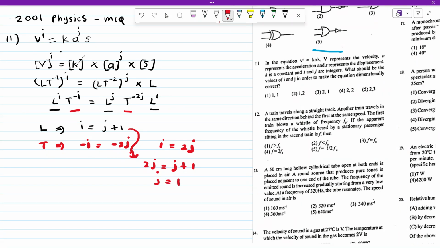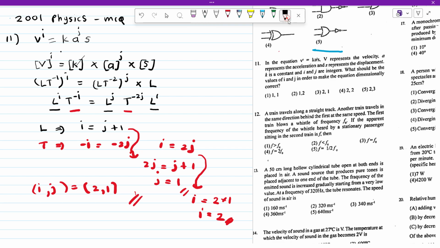Then substitute for i equals 2 into 1, thereby i equals 2. So i and j values, we have found them already. Thereby the order i and j respectively is equal to 2, 1. That is the answer number 3. This is our answer.